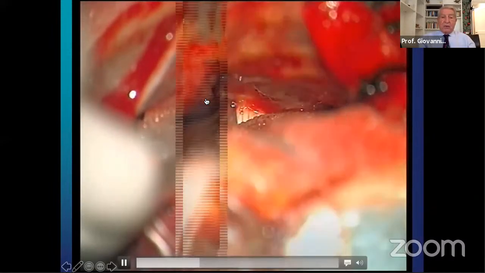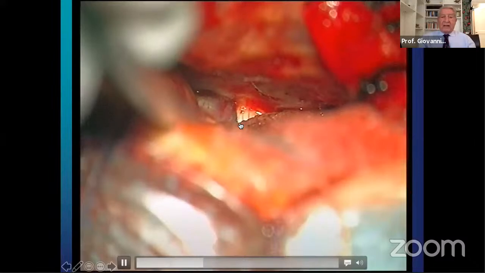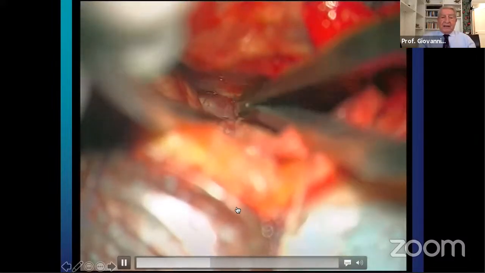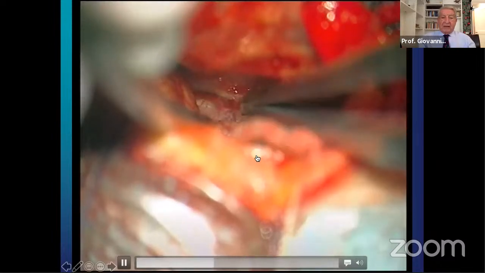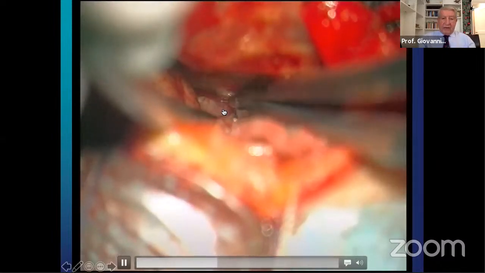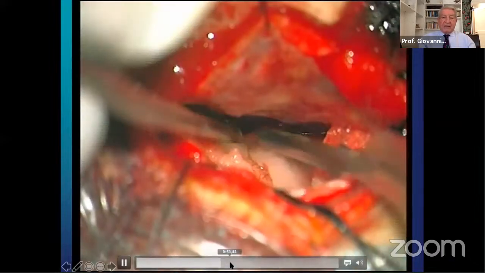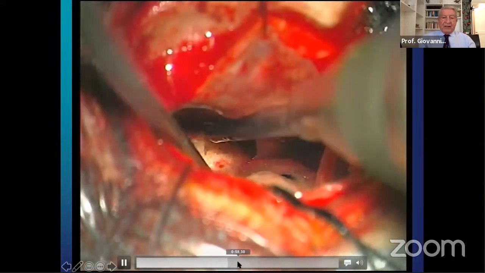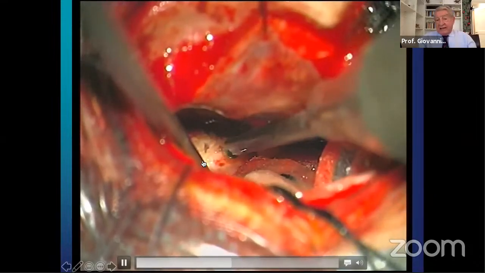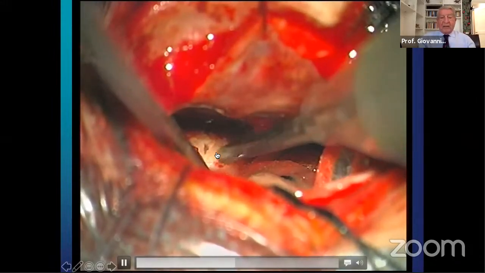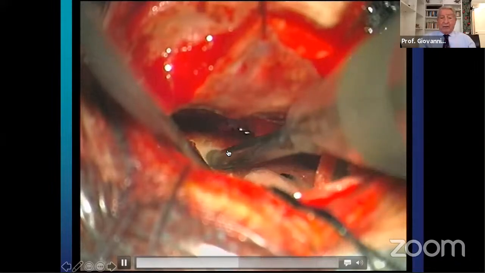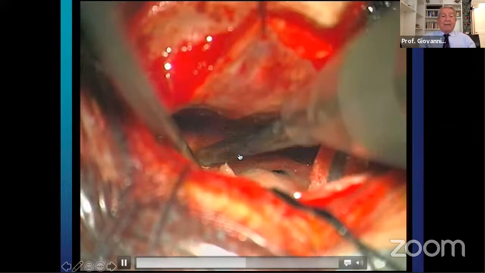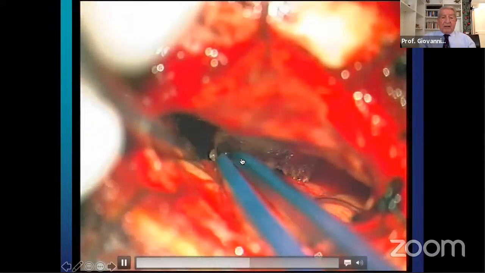the space to work is quite good, and you see here the olfactory nerve, the optic nerve, and the sellar region, and you can reach easily. You can reach the meningioma, and the most important thing is that through this craniotomy you can also use the ultrasound aspirator without any problem.